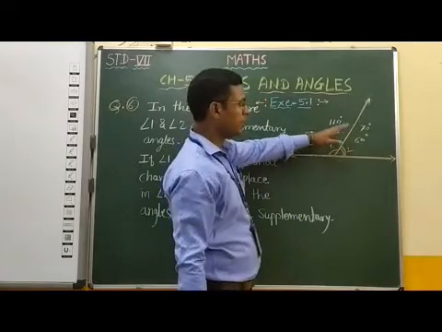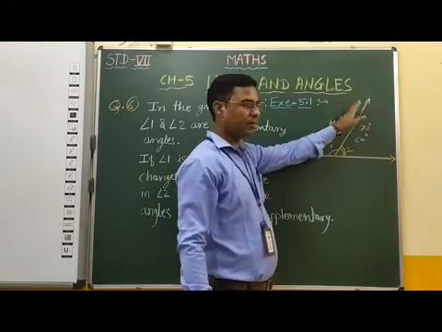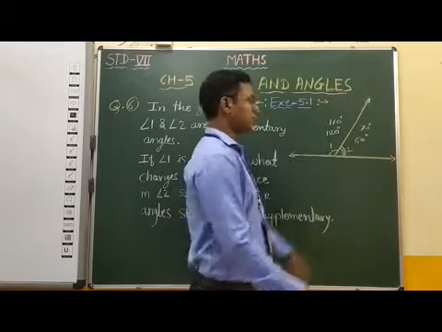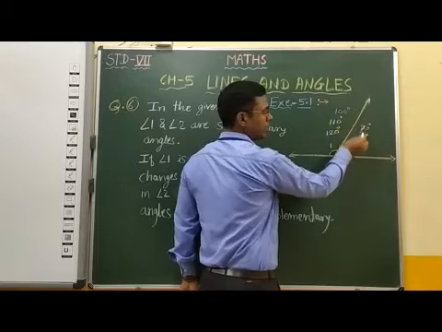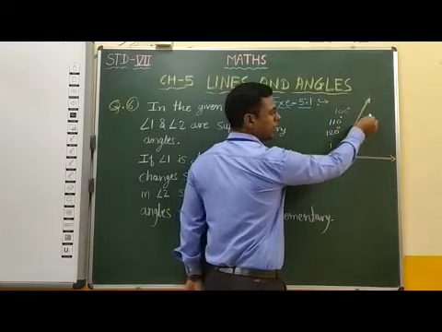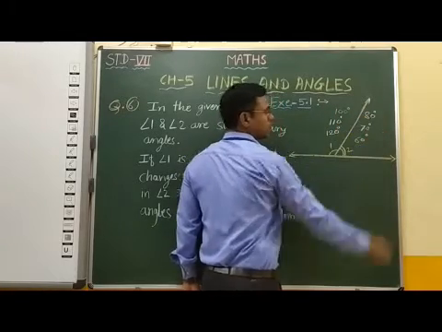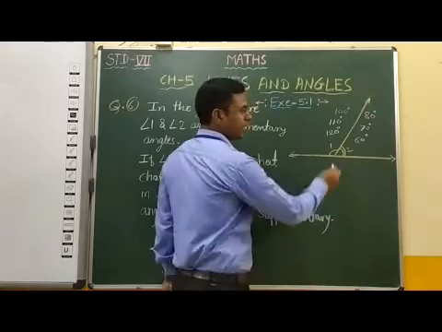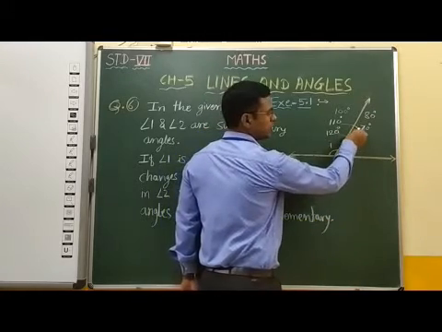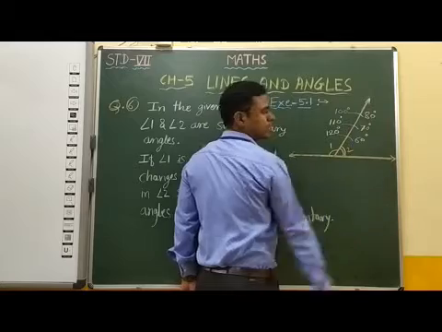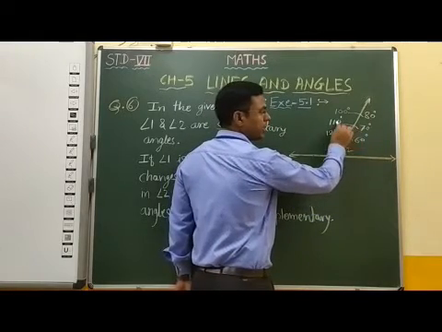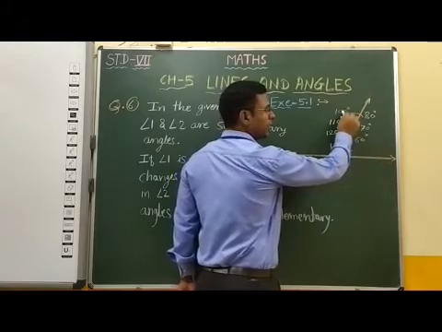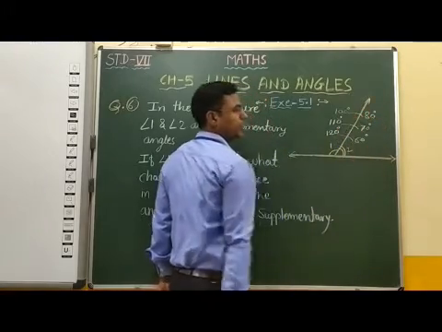Again, if I move this arm on this side, this angle again decreases and this angle again increases. And we observe that the addition of these angles is 180: 120 plus 60 is 180, 110 plus 70 is 180, 100 plus 80 is 180.